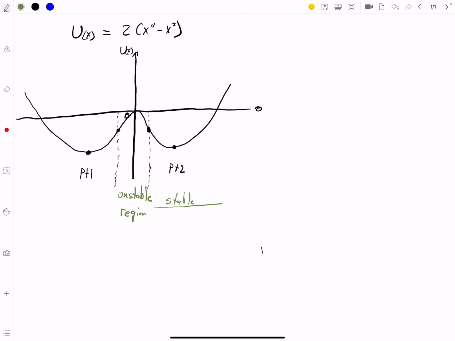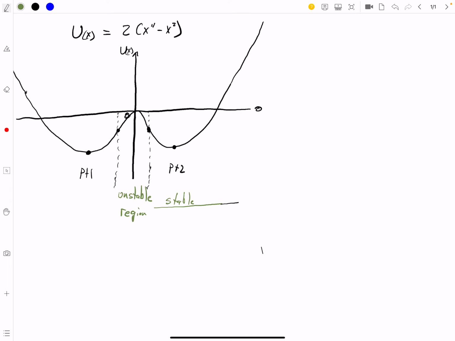And that stability goes technically to the moon. We just keep going up and up and up. We're going to have infinite stability in this way all the way.